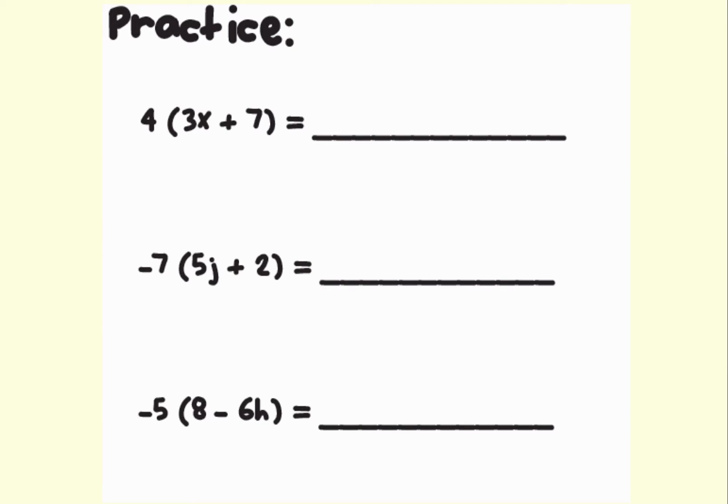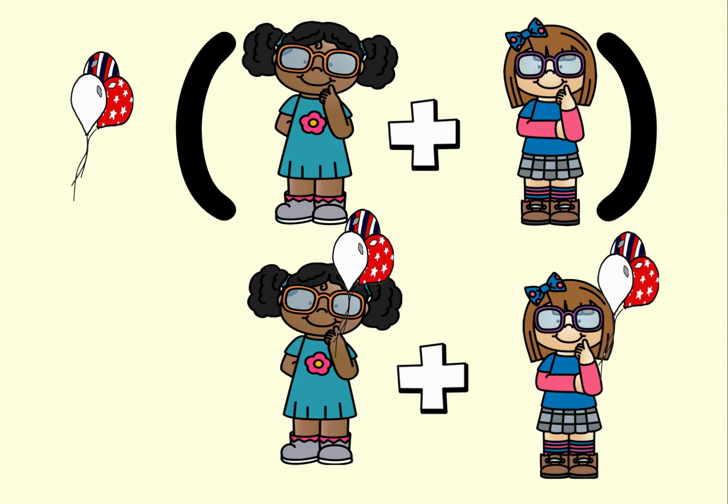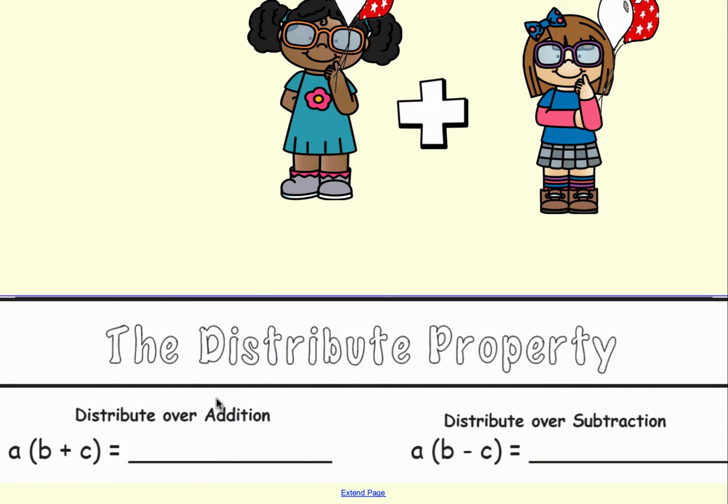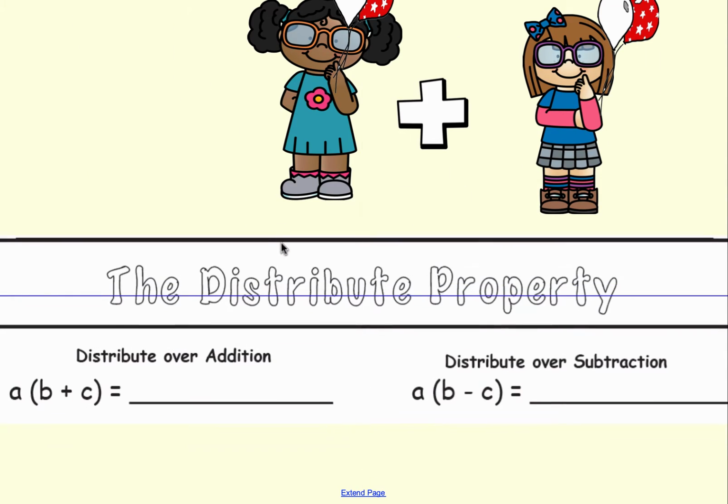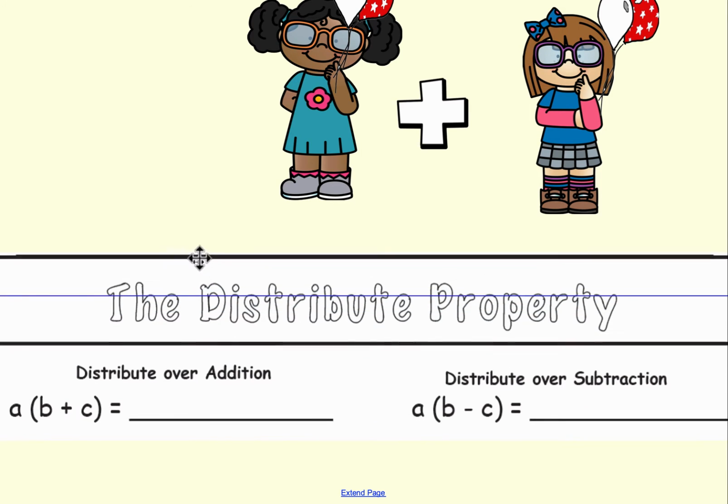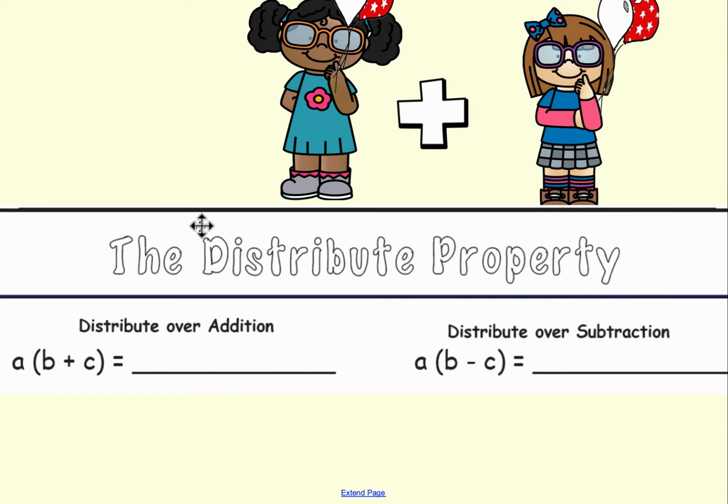But of course, in math, we write things with symbols. So when we write the distributive property symbolically, we get this, that any number factor, okay, and these are our terms.